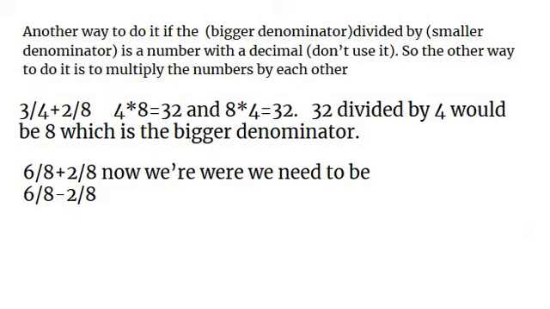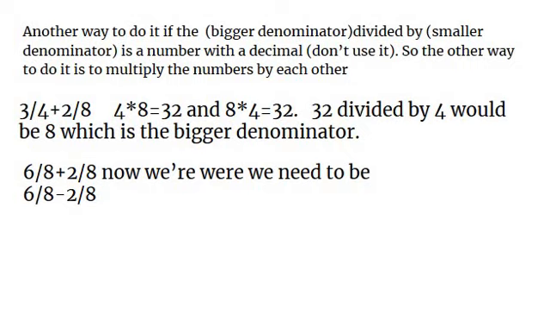Another way you can do it is, if the bigger denominator divided by the smaller denominator is a number with a decimal, don't use it. So the other way to do it is to multiply the denominators by each other. That's our sample problem right here.